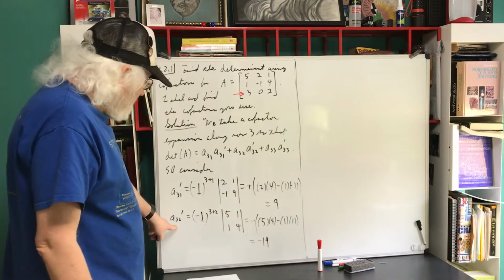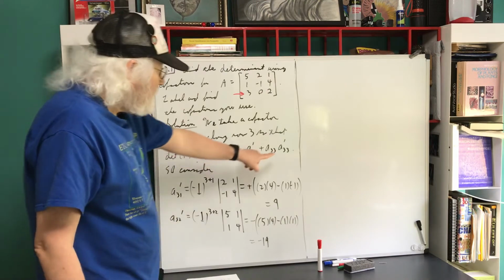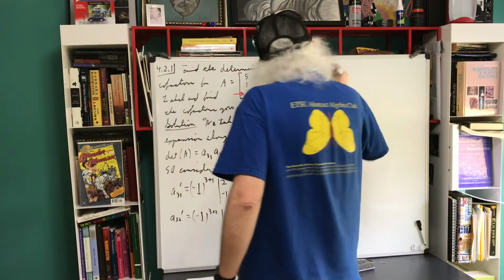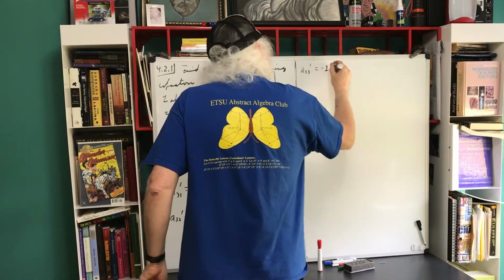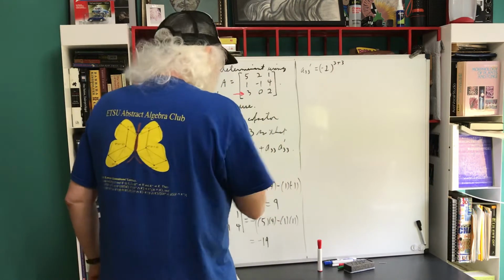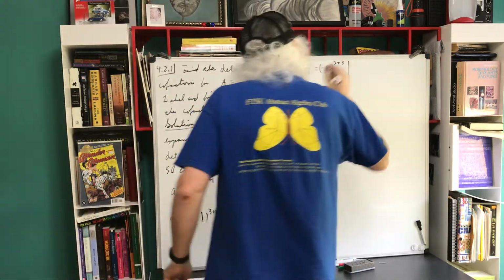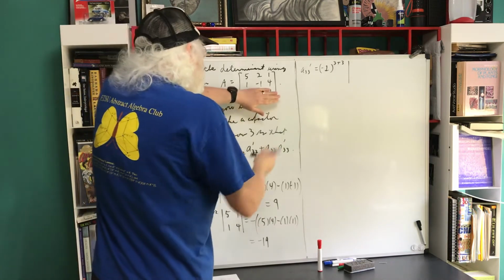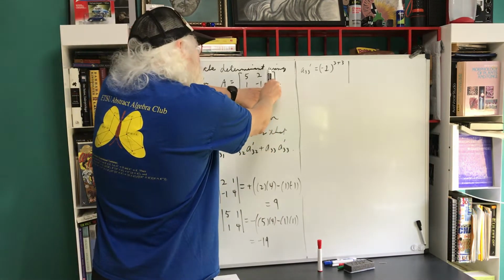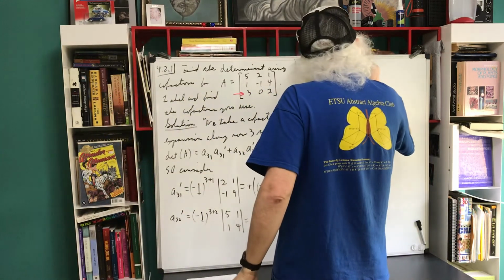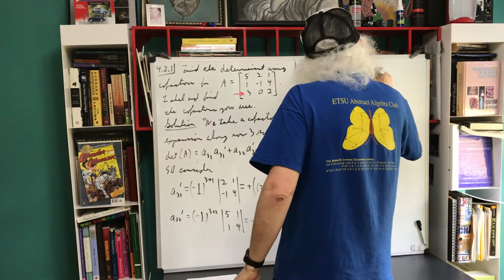Okay, we need the A33 cofactor. Okay, that'd be -1 to the 3 plus 3. Notice it's -1 to the 6. Let's flop back to positive. Times the determinant of the minor matrix. Eliminate the 3-3 entry. Leaves us with a minor matrix 5, -2, 1, -1.